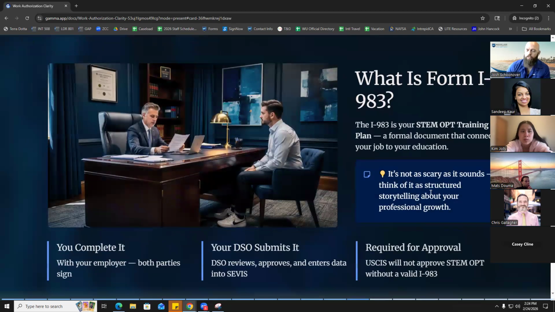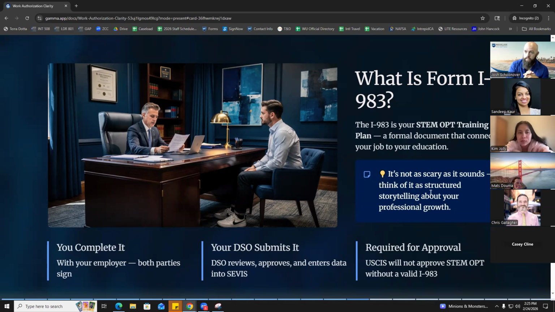One of the things that trips up students and employers a little bit when it's time to transition from the regular OPT to the STEM OPT is the I-983 training plan. This is something that the government requires to confirm that the position is related to STEM. The form itself is 5 pages. At the beginning, you just fill out the first three.